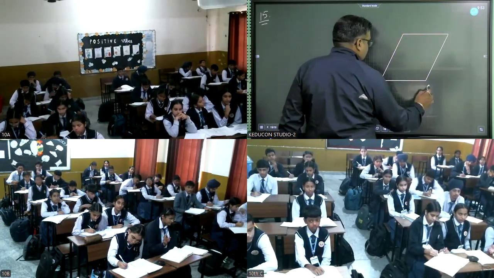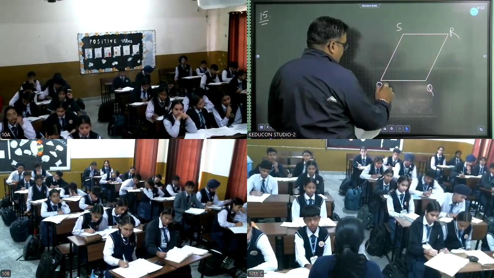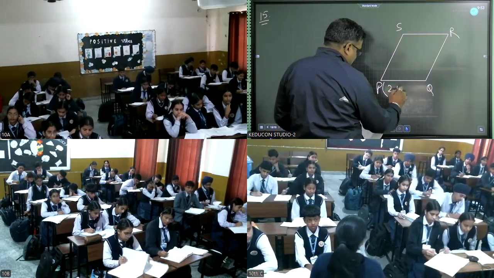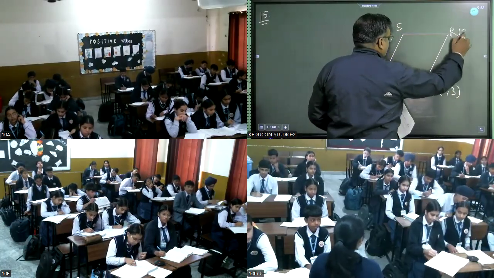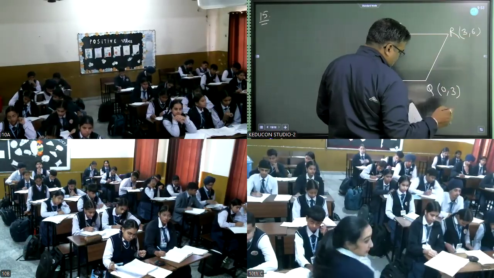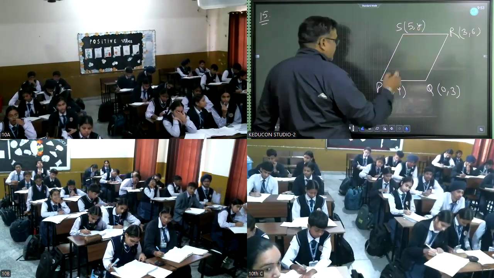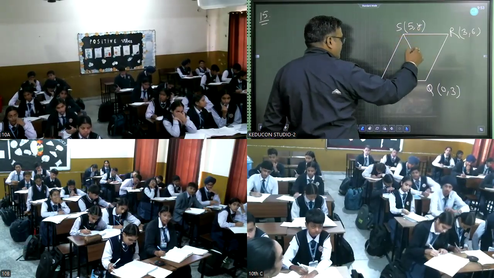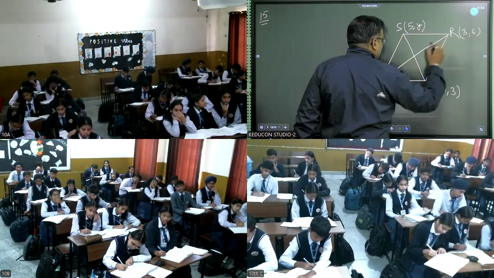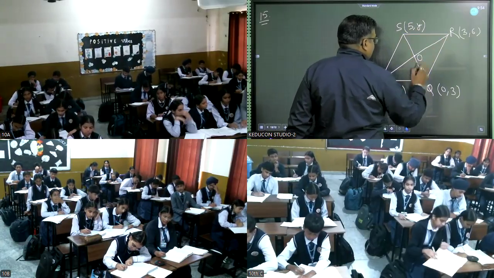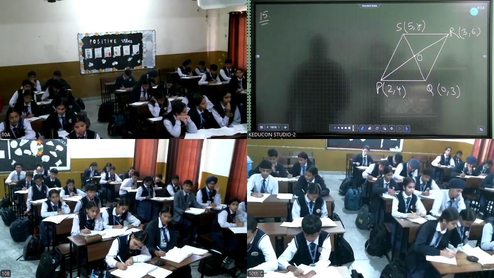PQRS पॉइंट्स are 2,4; 0,3; 3,6 and 5,1. सेम वे से बच्चे इनके जो डायगोनल हैं उनके मिड पॉइंट्स को इक्वल कर दो, right? Both diagonals will have the same midpoint.